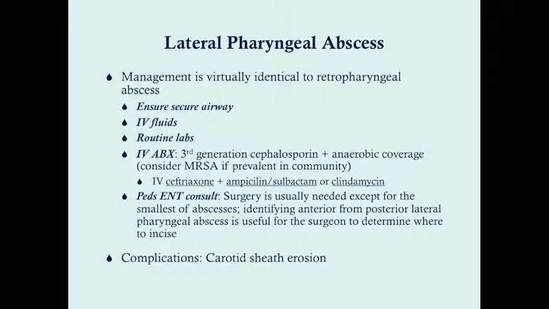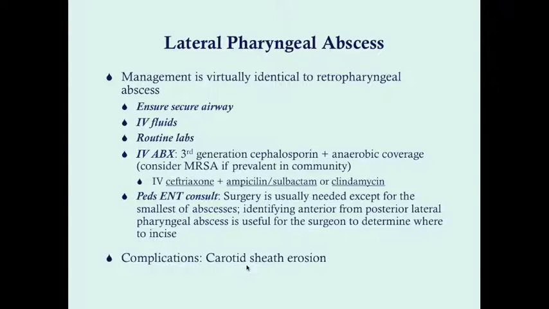Compared to the retropharyngeal abscess, the lateral pharyngeal abscess will more often need surgery. So surgery is usually needed except for the very, very small abscesses, and it'll be the surgeon who decides whether or not you need to do that. Identifying the anterior from the posterior lateral pharyngeal abscesses is very useful for the surgeon because it will help them determine where they need to make the incision.